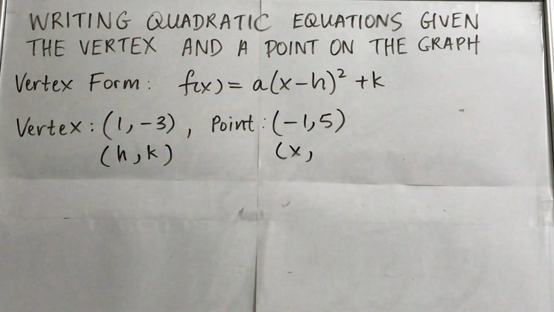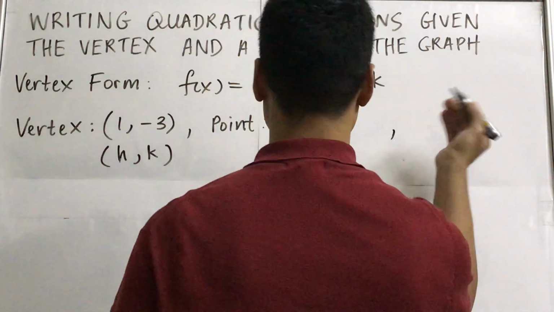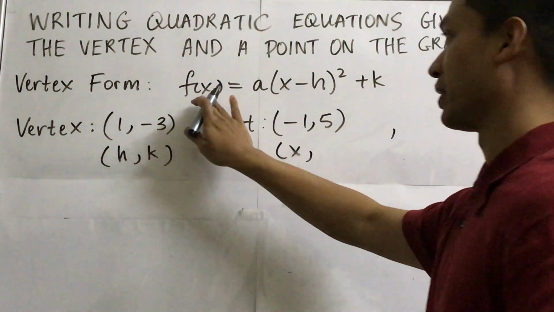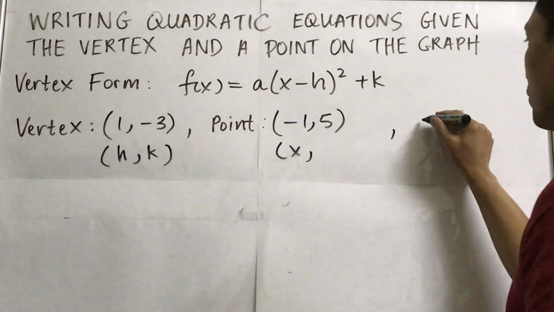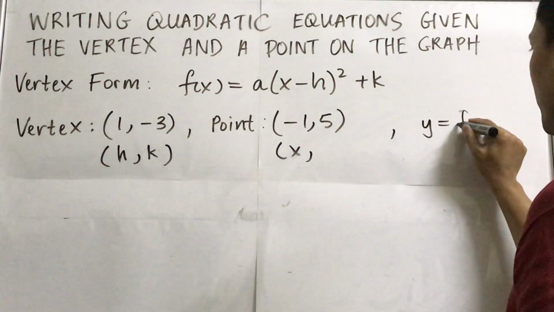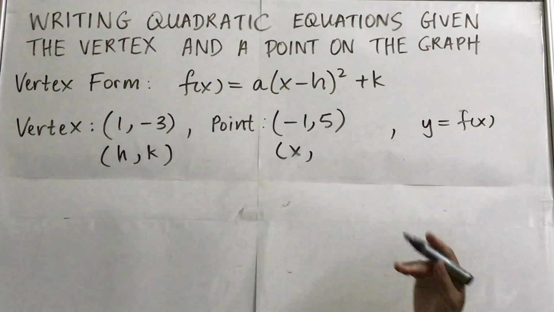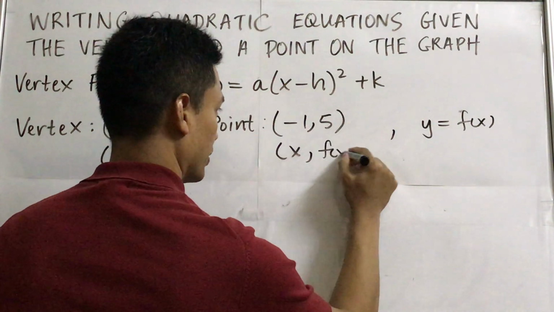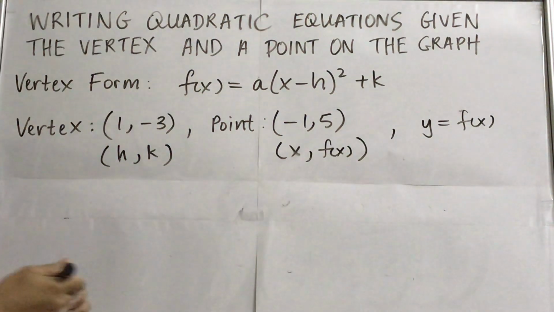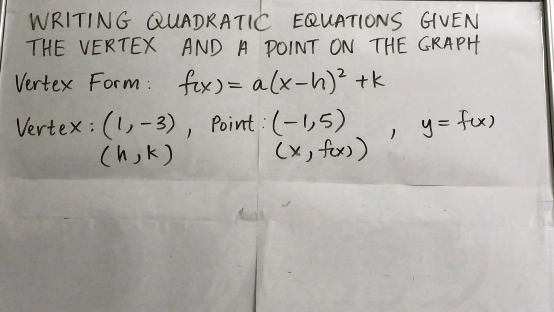What is the second number of your ordered pair? It's your y. But what is the y in this case? We usually write an equation y equals something. In this case, it's f of x. Your y is really f of x. So we are going to say x, f of x, instead of putting a y there. Now, is everyone clear on this?